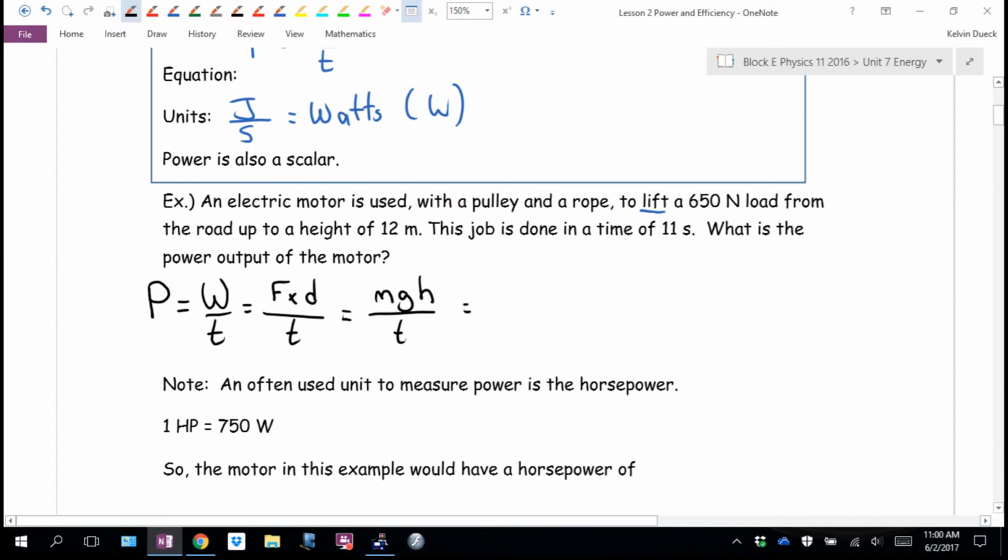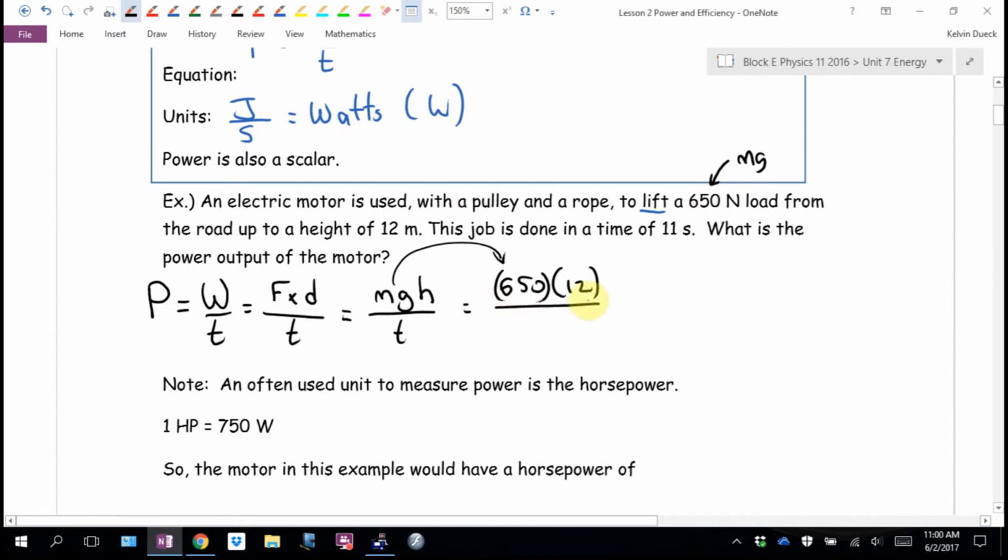Thomas, what's the mass that we're lifting? 650 Newtons. Ah, wait a minute. Right there, that's not a mass, that's a weight. They gave me mg, so I don't need to multiply that by 9.8. Apparently, they've already done that for me. So I can just say 650, that's mg, times the height. What's the height, Thomas? 12 meters. 12 meters, around 4 stories-ish, a little less.